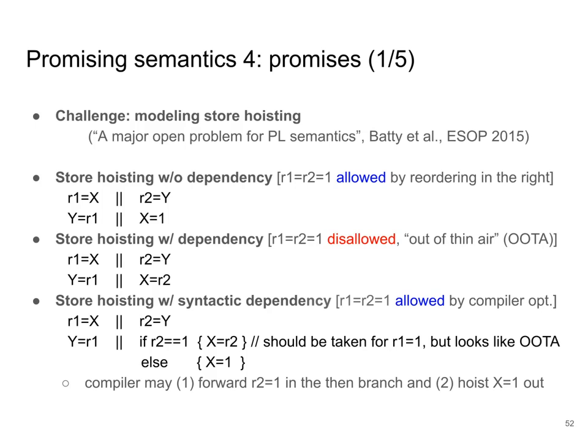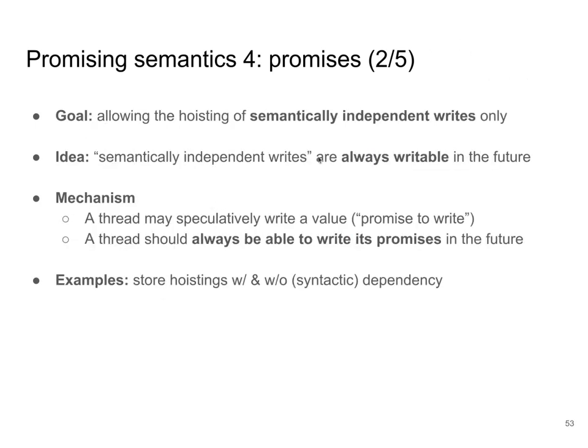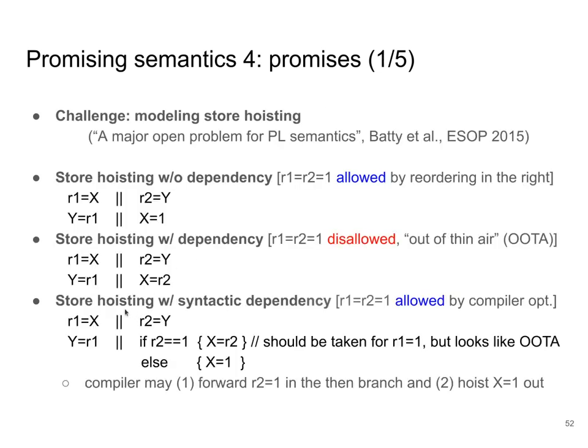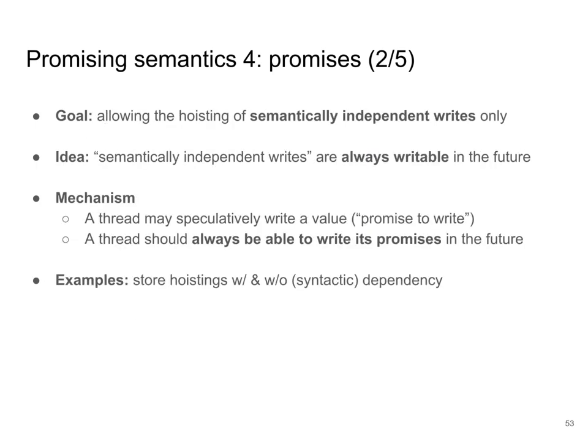This is compatible with this notion: x equals 1 is always writable in the future for the third example. In other words, x equals 1 is semantically independent from the point of view of this program counter, and as a result it can be hoisted at this point. So x equals 1 may be executed by the semantics. That's the key idea. We need to allow such hoisting based on this notion of semantically independent writes.